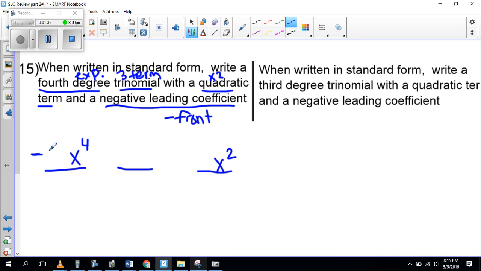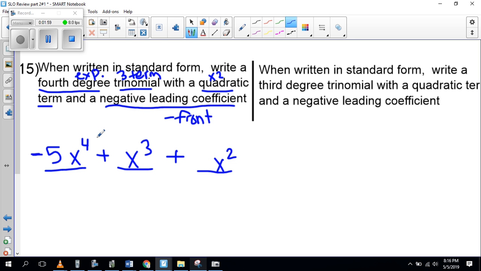So I can leave it like this for the first one, or I can put -5x to the 4th. I can put anything here. Plus x to the 3rd plus x to the 2nd. And what I have created, I got 3 terms: 1, 2, 3. Because remember, terms are separated by plus or minus signs.